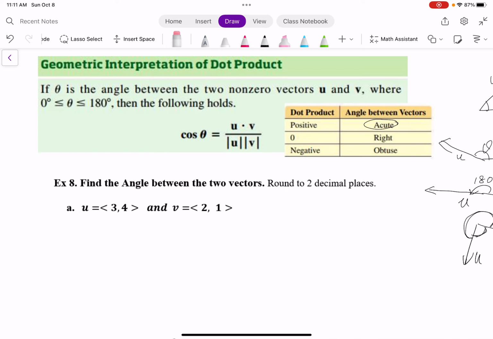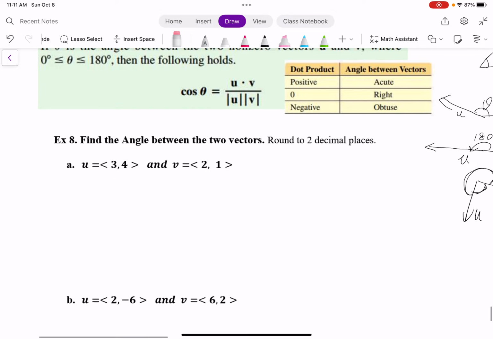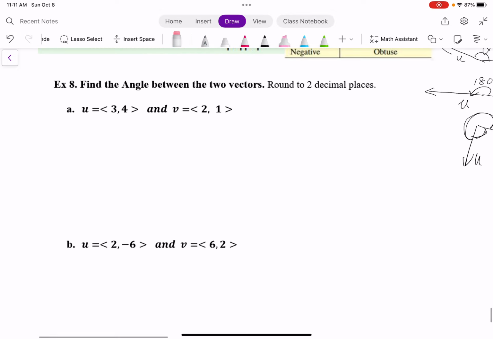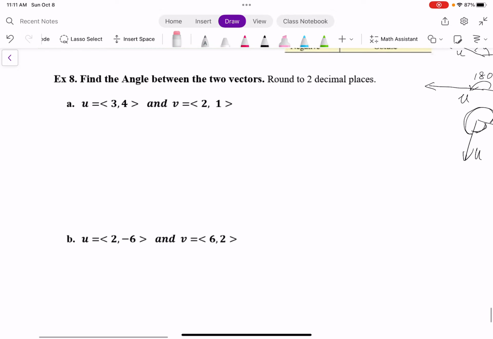Okay, let's see the first example. Find the angle between the two vectors, rounded to 2 decimal places. So cosine theta equals u dot v. It doesn't matter which one goes first. All divided by magnitude of u times magnitude of v.